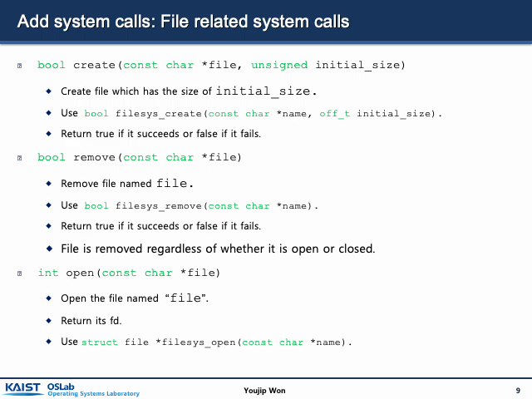You also need to implement the remove function. This function removes the file named file, and you may need to use the file_sys_remove function. It returns true if it succeeds or false if it fails, and it should remove the file regardless of whether the file is open or closed.